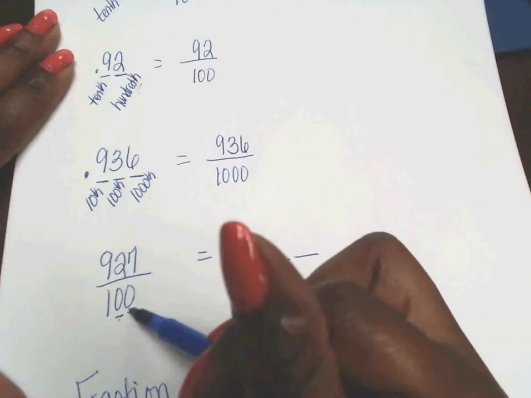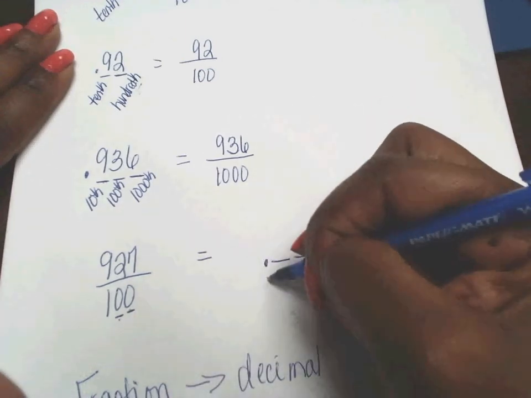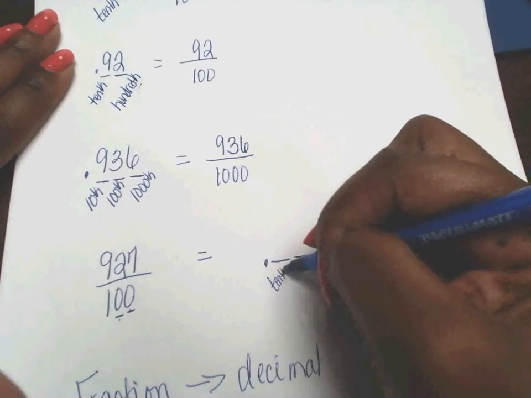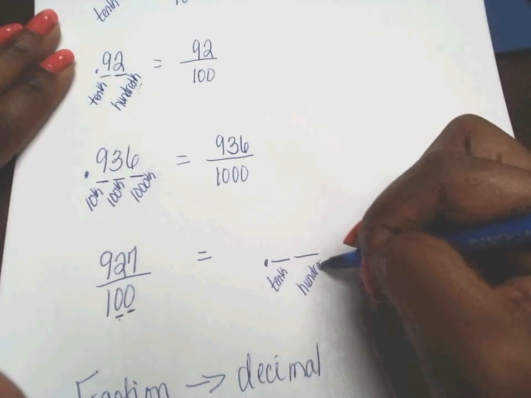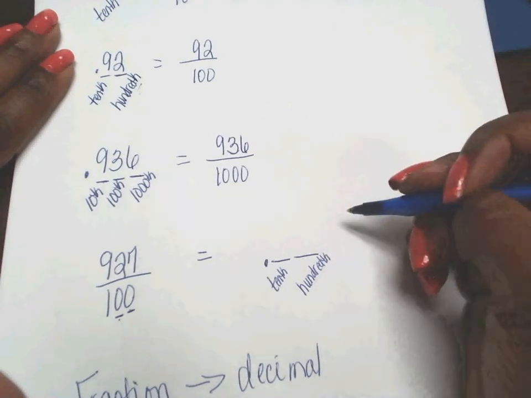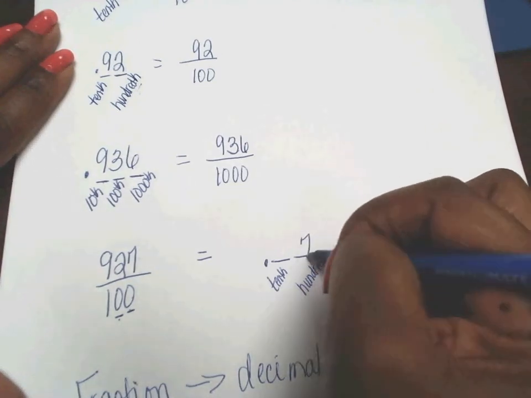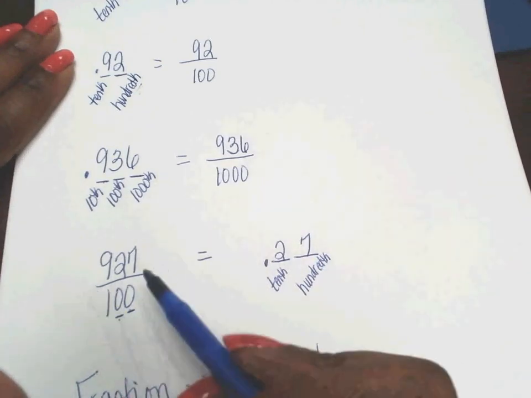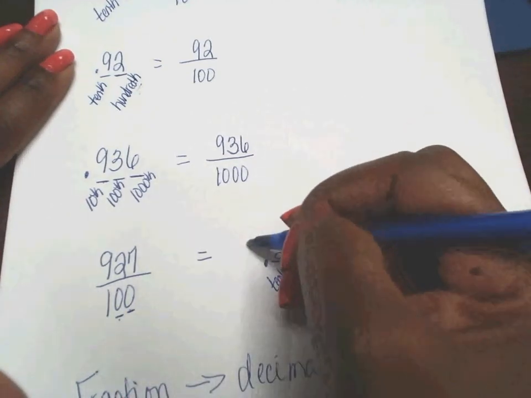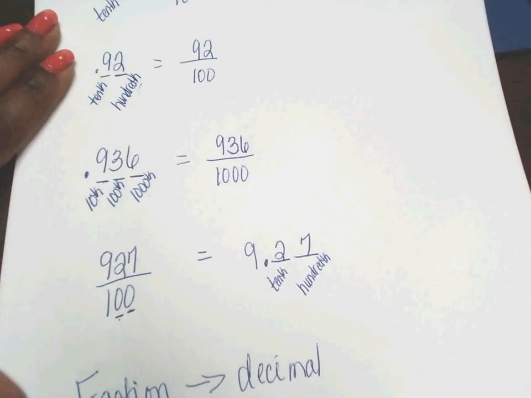Okay, so there's two underlines here, and so I'm going to label my tenths and my hundredths. And remember, it has to end in the last name. So I'm going to put my 7 here and my 2 here. Well, I have to write this entire number, so my 9 is going to go there.